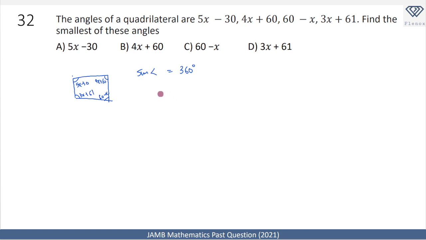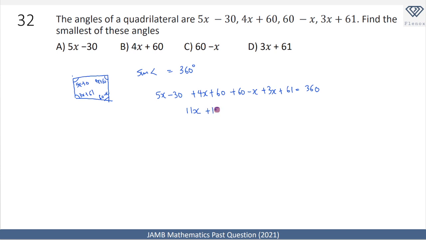So writing that down, we can say 5x minus 30 plus 4x plus 60 plus 60 minus x plus 3x plus 61 must be equal to 360. Now if I collect like terms, 5x plus 4x minus x plus 3x is going to give me 11x, and minus 30 plus 60 plus 61 is going to give me 151.